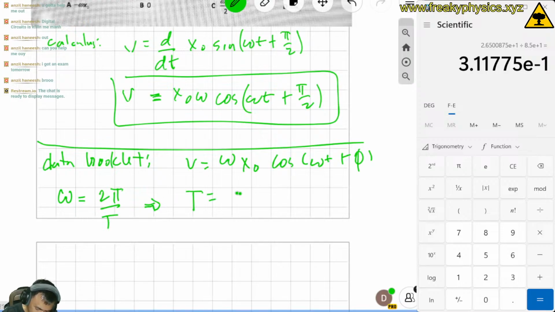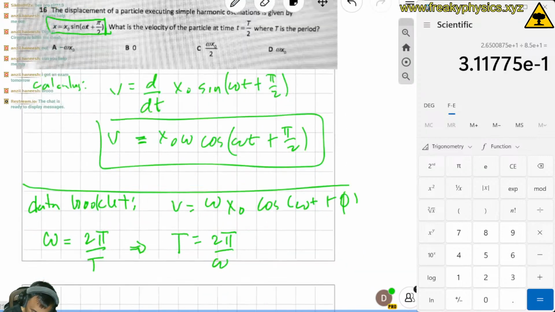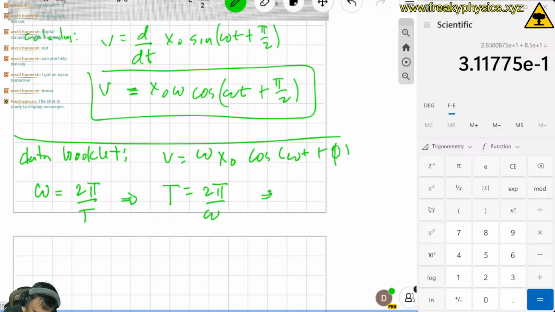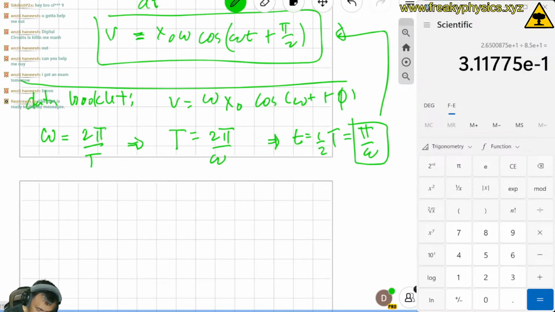The period is just 2 pi over omega, right? Then that's it. The time that we want is half the period, which is going to be pi over omega. So that's what we're going to put into the formula right there.